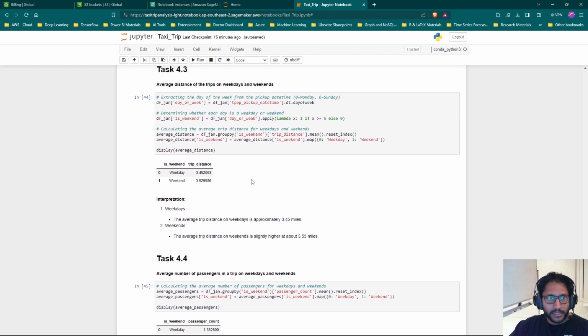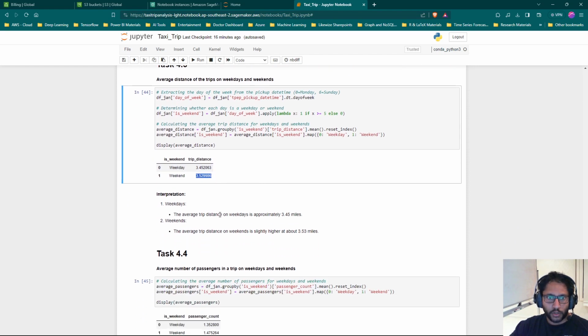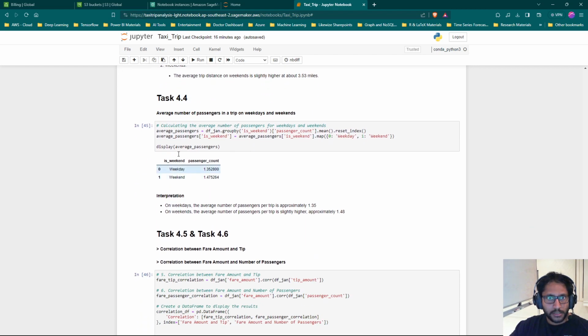And then if I keep going down, I can see the trip distances. I can see that on weekends I'm computing more than on weekdays, it looks like. So under my assumptions earlier, I was thinking the tourist sites can be a factor, so that's the only reason I've been doing that. And then the average number of passengers per trip on weekdays and weekends, I could see more people seem to be going out on a weekend.